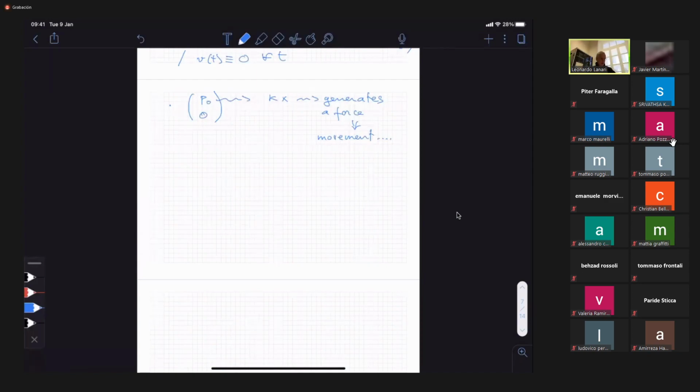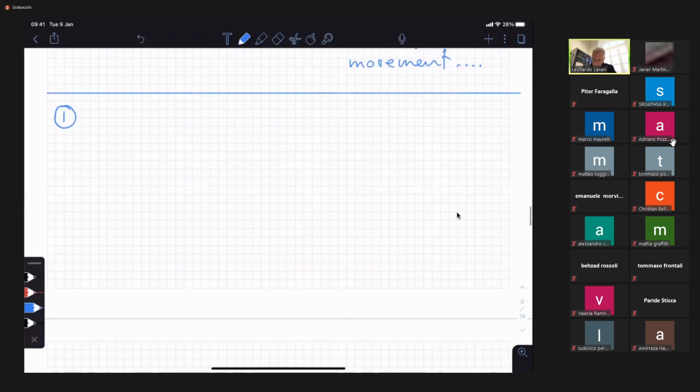Perfect. Okay, so now let's proceed a little bit more oriented to questions. There's one aspect which typically leads to some errors, and it's the following.